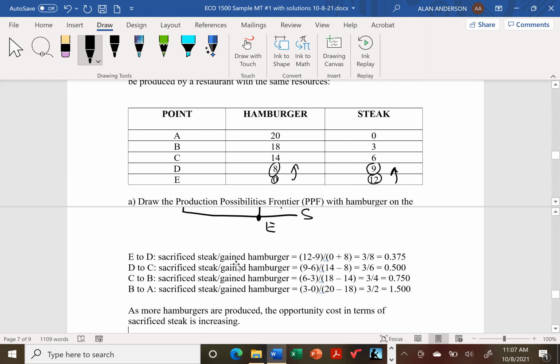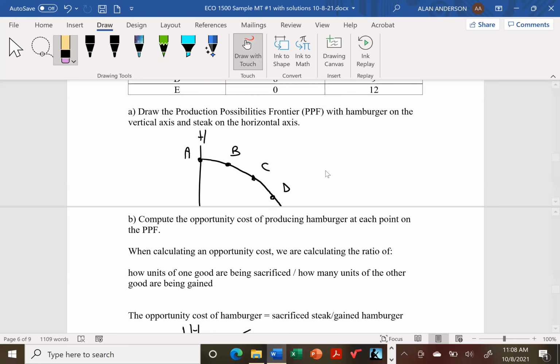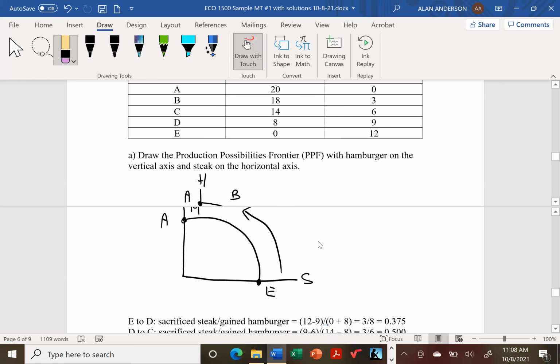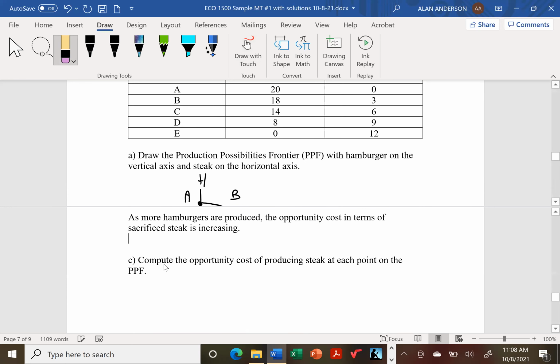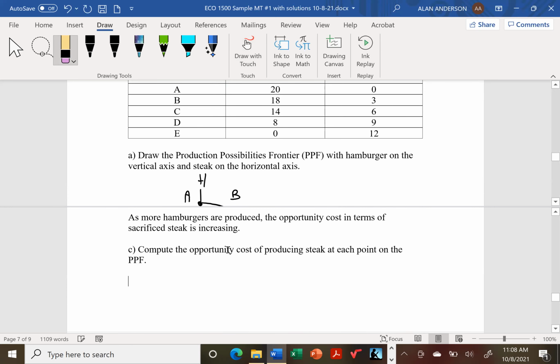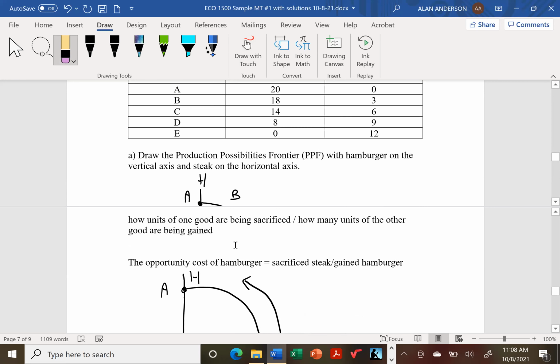All right, now for part C, we're going the opposite direction. Let me just erase these two. Now we're going to calculate the opportunity cost of the steak. So in part C, we're going to change these formulas.